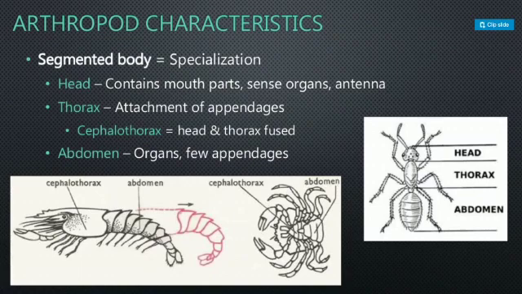Sometimes the head and the thorax fuse to form the cephalothorax, and the fourth part is called the abdomen, which has the organs and a few appendages. In the figure given below, you can watch in different arthropods how these body parts are divided into head, thorax, and abdomen.